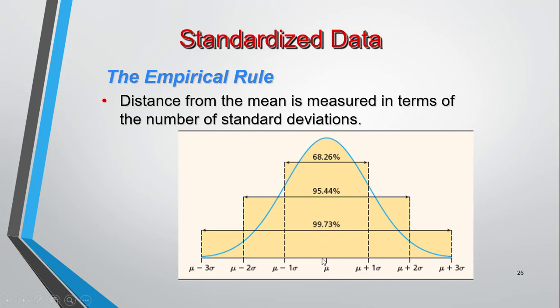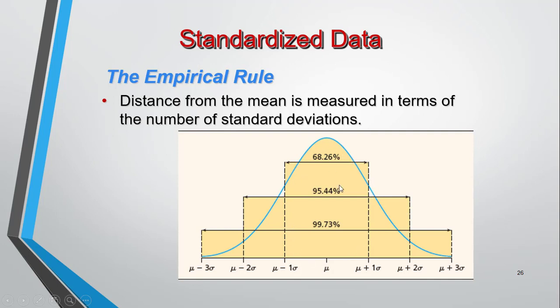I don't know the standard deviation, so let's assume it is 5 inches. Then within mu plus and minus 5 inches, you should have 68.26% of people.